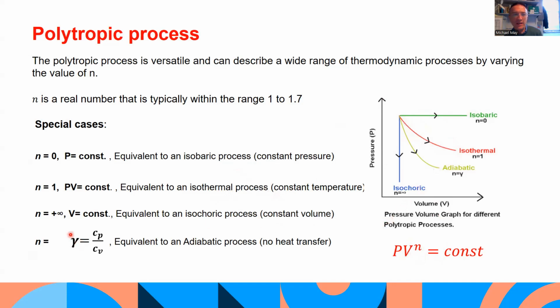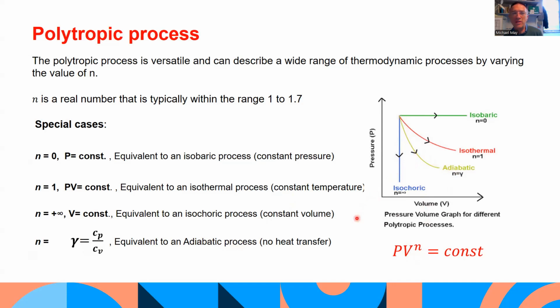If we let n tend to infinity, V becomes so much bigger that P becomes negligible, so it's essentially V equals constant, equivalent to an isochoric process, a constant volume. And when n equals the adiabatic index, it's equivalent to an adiabatic process in which there's no heat transfer, and that's this process here.